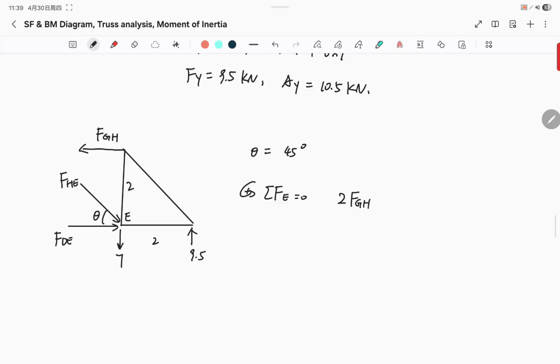And we have the other one, 9.5, distance is also 2. So that means my GH is actually negative.